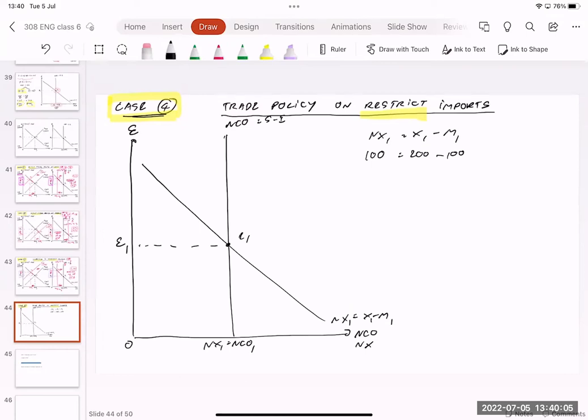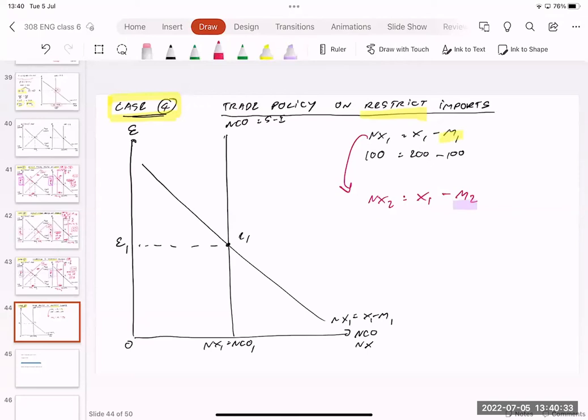When they use the trade policy to restrict the import, they try to reduce the import from some country. For example, USA tries to reduce the import from China. If they do very well, NX is going to increase from NX1 to NX2. Export is still the same, but import changes from M1 to M2.